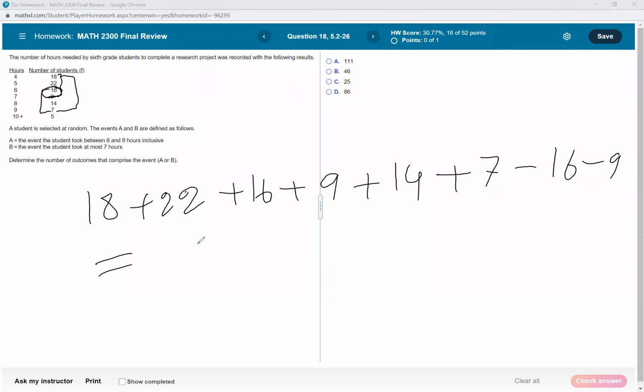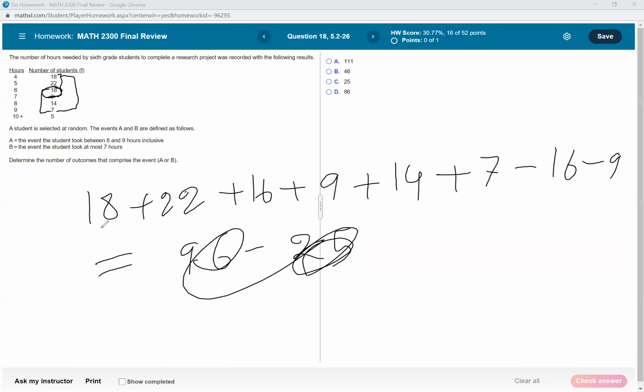Then it will be total 96 minus, no, let me do it again. So 18 plus, let me use the calculator.